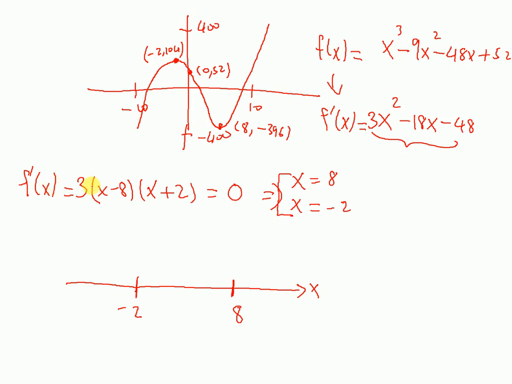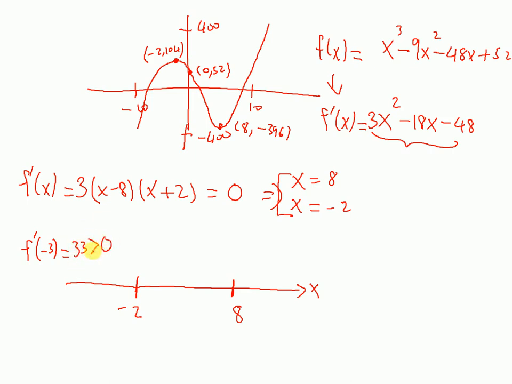Okay, so on the left side of minus 2, I may pick a random number as long as it's on the left of minus 2. Maybe I pick minus 3. So let's plug in minus 3 to this f prime and see what value it will give you. If I plug in minus 3 to this x, f prime, I should get 33.